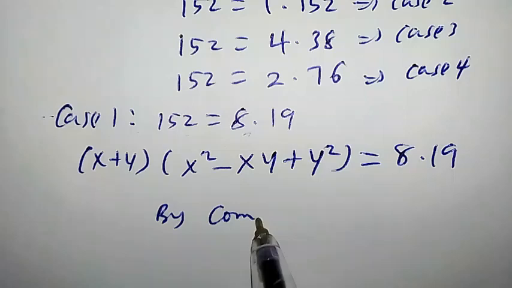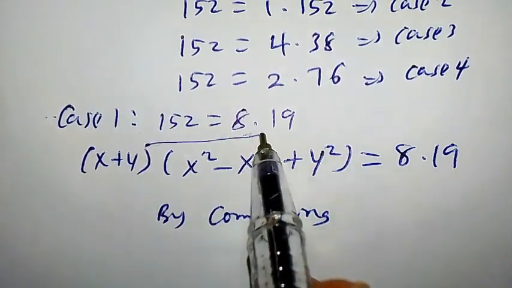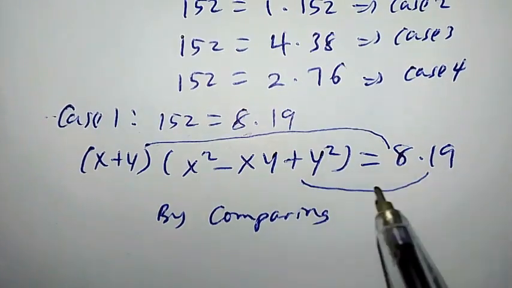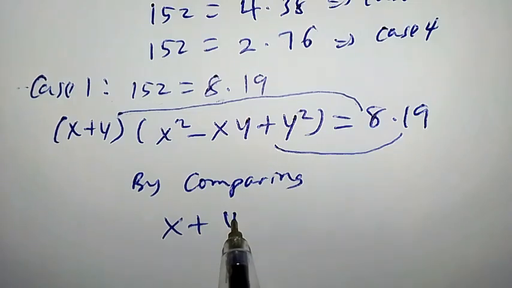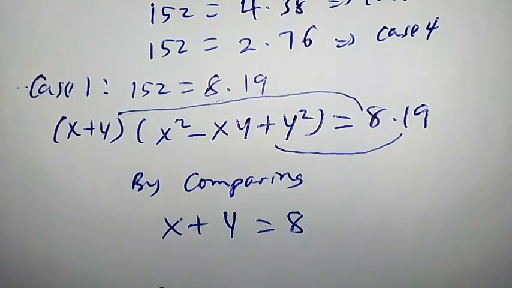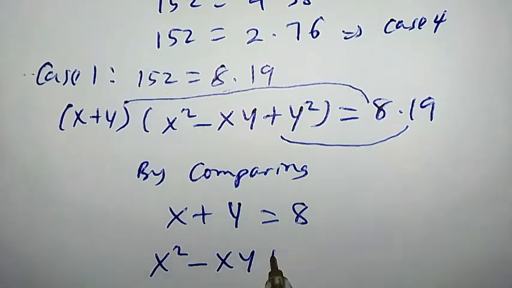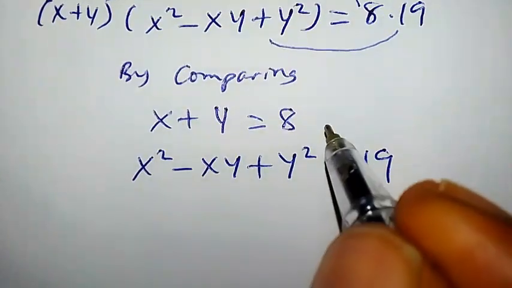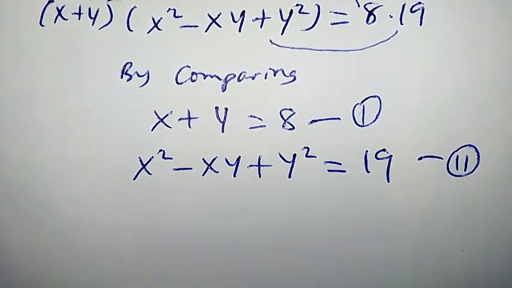By comparing, x plus y goes to 8 and x squared minus xy plus y squared goes to 19. So we have x plus y equal to 8 and x to the power of 2 minus xy plus y to the power of 2 equal to 19. Let's call this the first equation and let us call this the second equation.